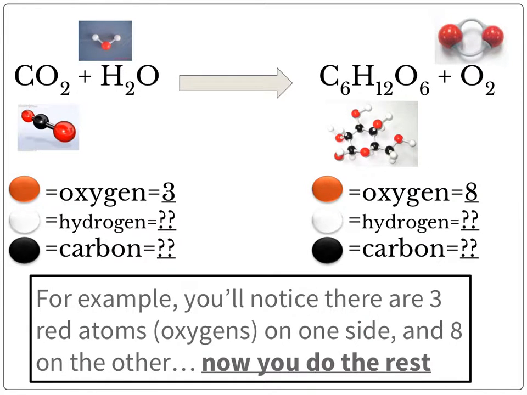For example, you'll notice there are 3 red atoms on the product side. The red atoms are supposed to be indicating oxygen. And there are 8 oxygens on the product side: 1, 2, 3, 4, 5, 6, 7, 8. So why don't you go ahead and do the rest?